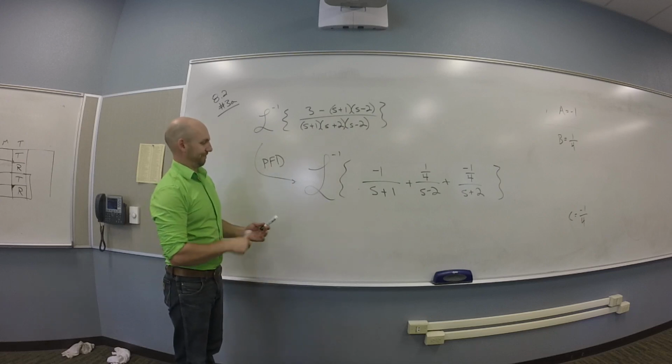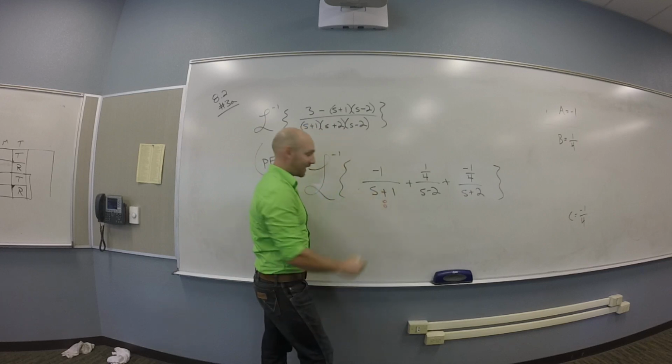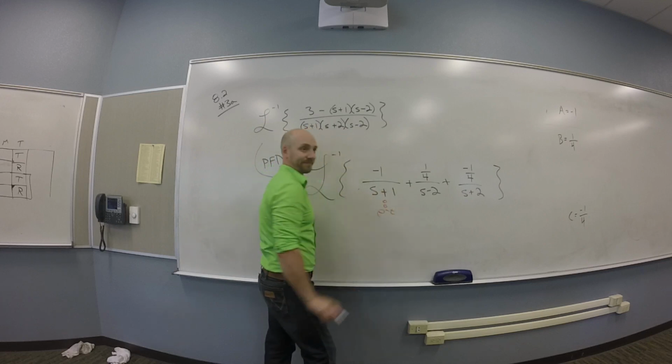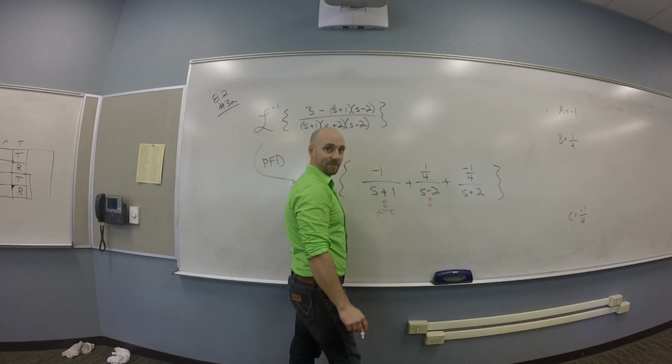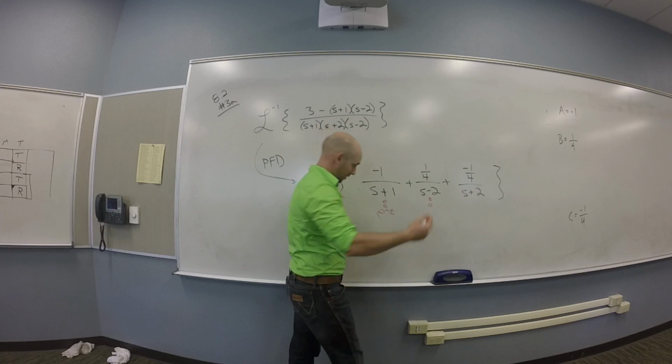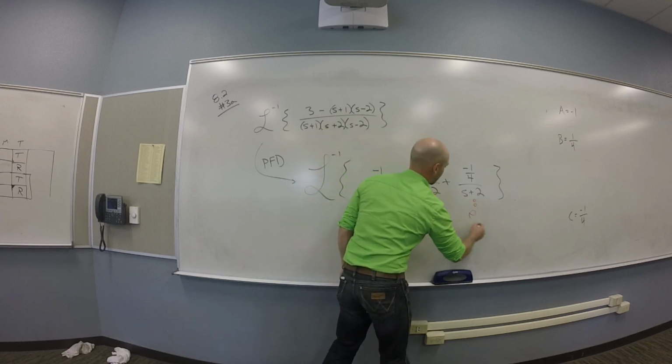This part with the s plus 1, that's an e to the minus t. This part with the s minus 2, that's an e to the 2t. This piece with the s plus 2, that's an e to the minus 2t.